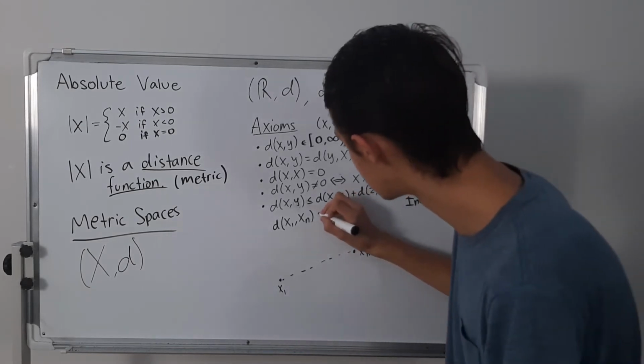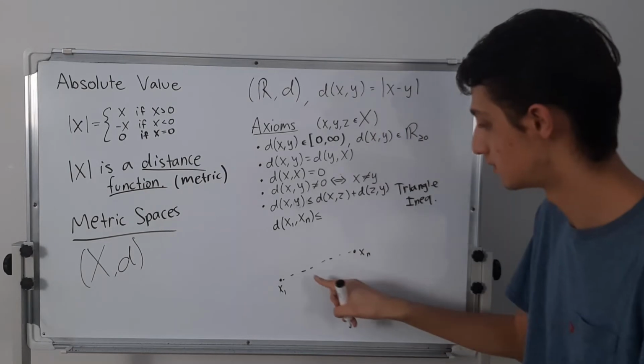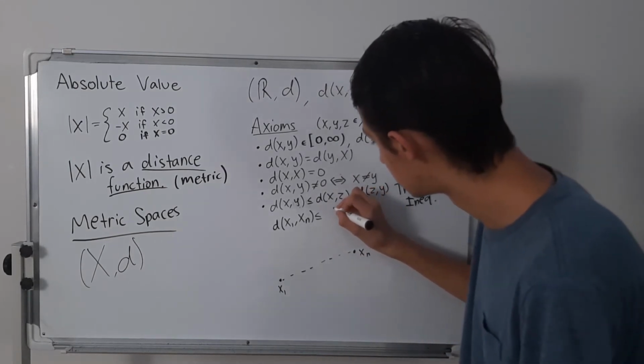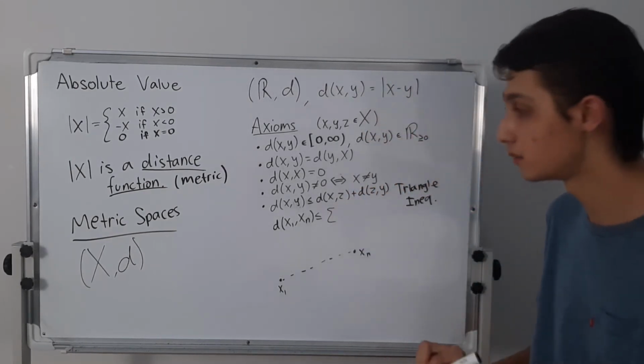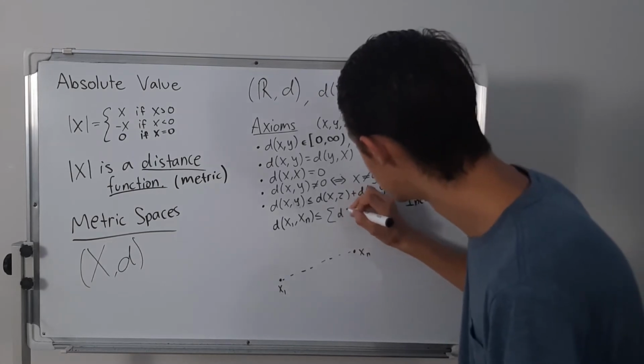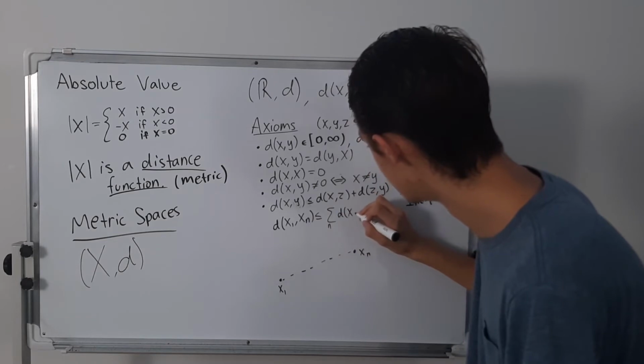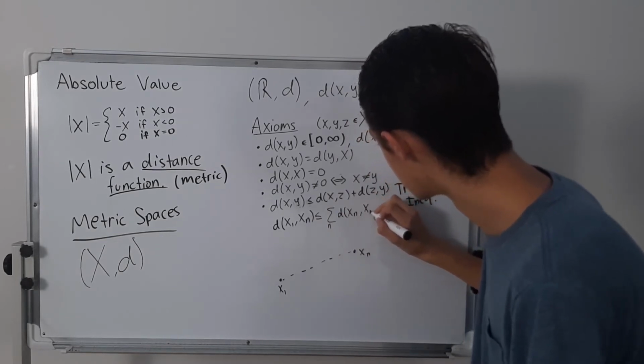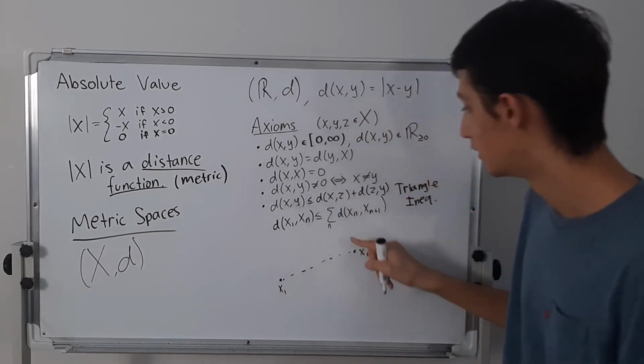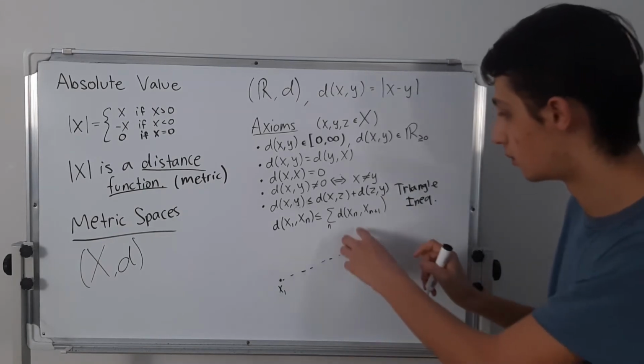So this, again, is going to be less than or equal to, if all the points are on the line, the sum, right? So we're going to be summing up all of the distances, so we have x_i to x_(i+1), right?